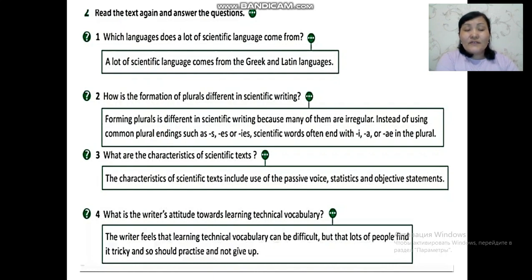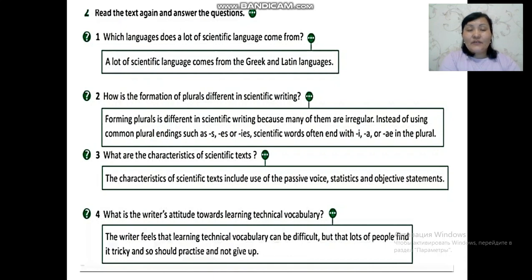The answer for the third one: the characteristics of scientific texts include use of the passive voice, statistics, and objective statements. And the last: the writer feels that learning technical vocabulary can be difficult, but that lots of people find it tricky and so should practice and not give up.